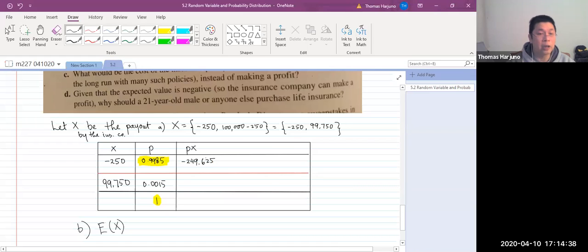While 99750 times 0.0015, I get 149.625, which when I add, I get negative 100. Okay, so the expected value is negative $100.